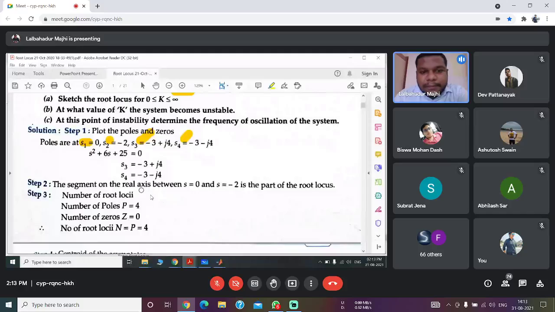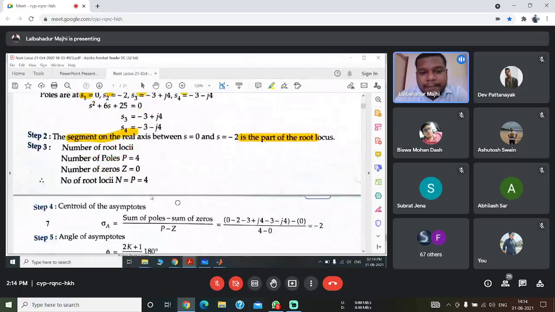Then we have to check which segment will lie on the root locus. We can easily say in between 0 and -2 there will be a root locus. The segment on the real axis between s equal to 0 and s equal to -2 is part of the root locus.